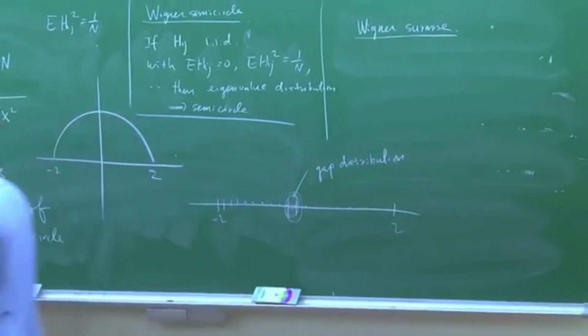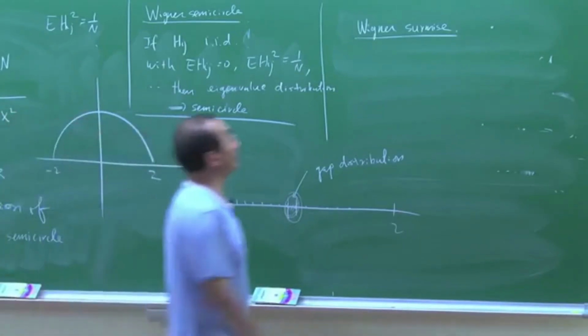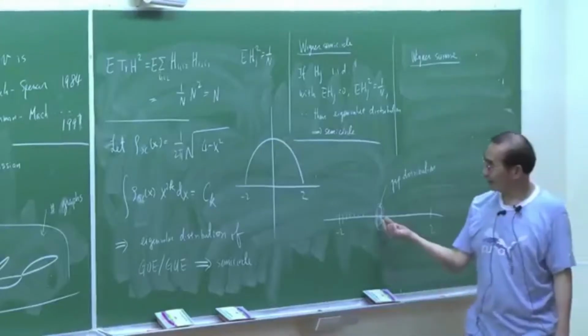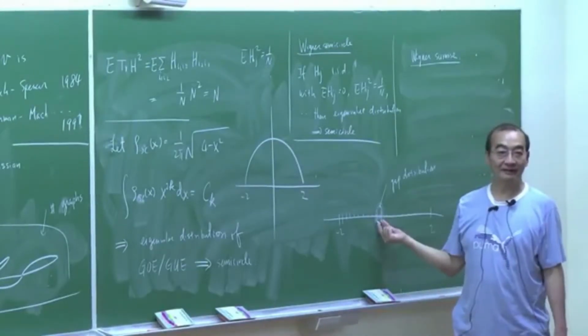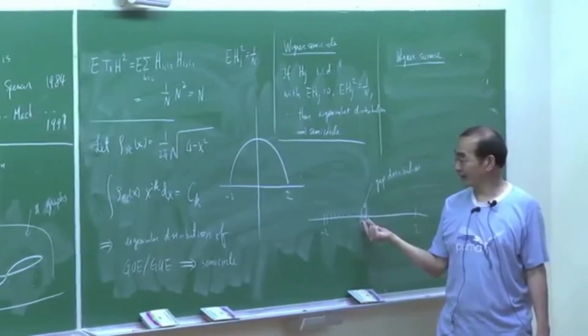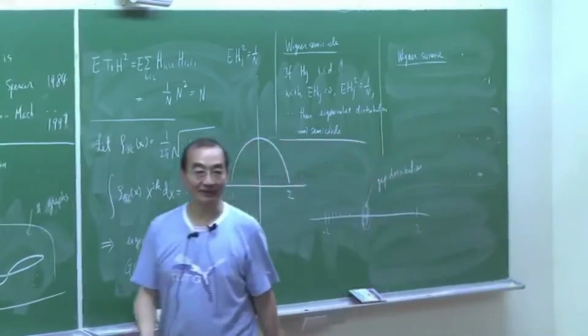I wish I had a chance to talk to Wigner and ask him why he did this. This is a truly amazing story in mathematics. You want to compute the eigenvalue gap distribution, but does anybody know any method to compute the eigenvalue gap for a large matrix? Can you hear me?